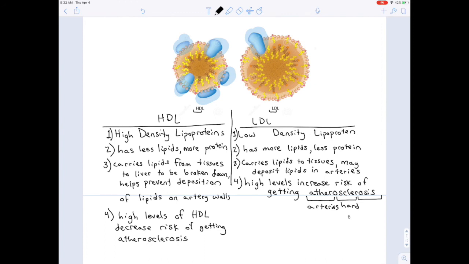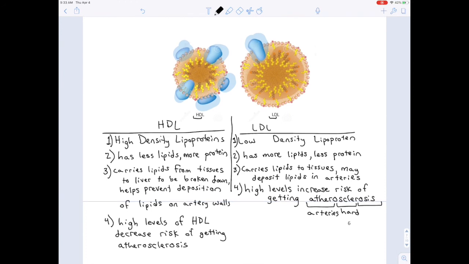So it helps if you have high levels of HDL: the nutrients in your blood pass more easily to your tissues. The waste products from your tissues pass more easily to your blood, where they can be excreted in urine or feces, and also you are at less risk of having a heart attack. So HDL will help prevent your risk of getting atherosclerosis, and LDL will increase your risk of getting atherosclerosis.